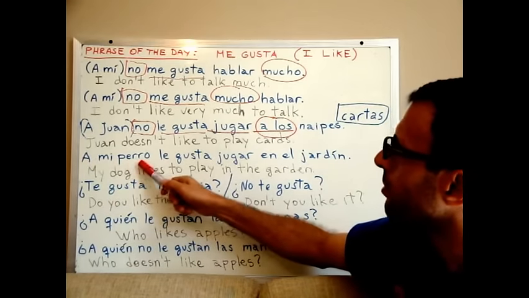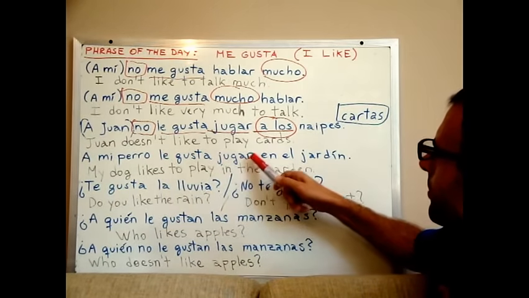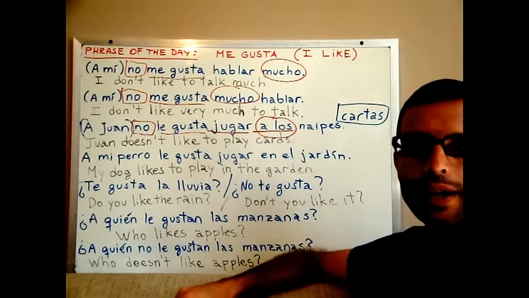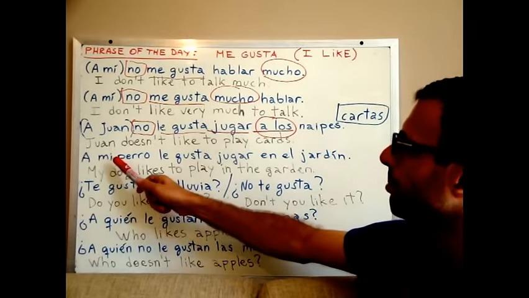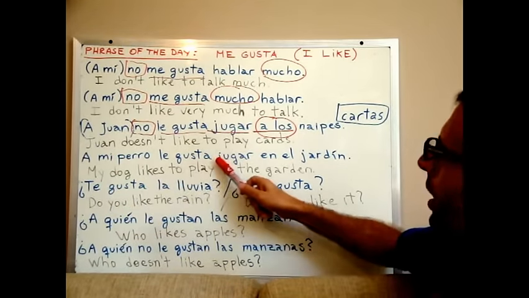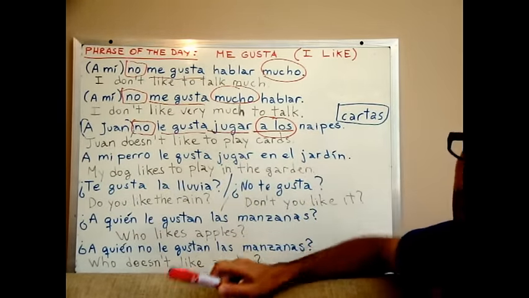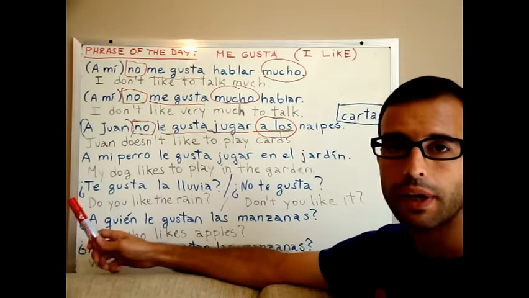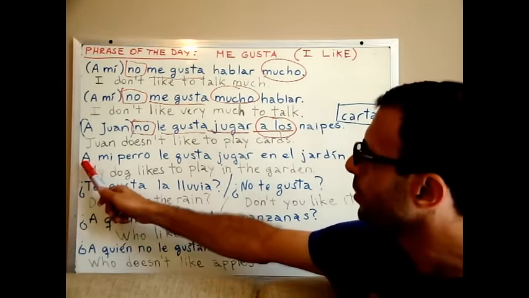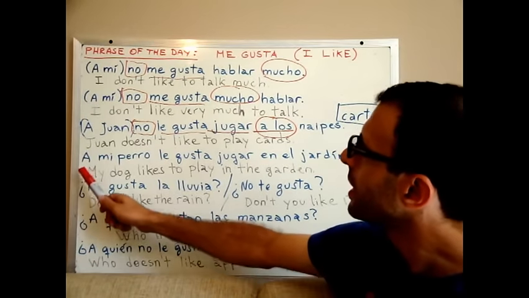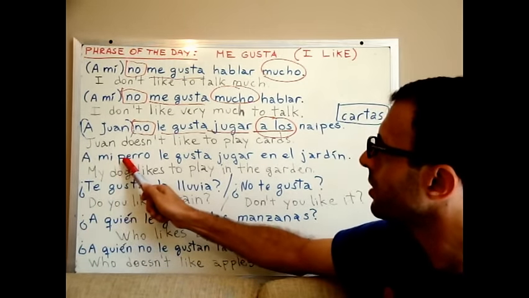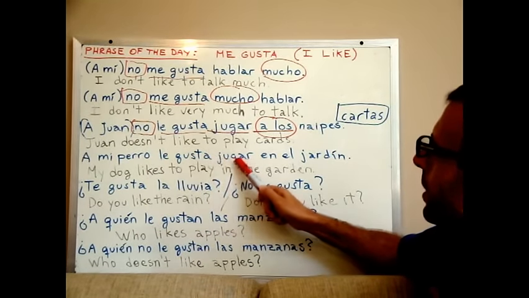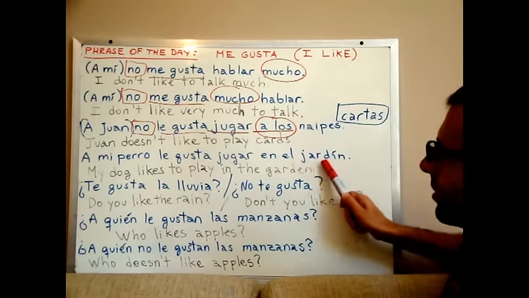A mi perro le gusta jugar en el jardín. Remember, perro is dog, jugar is to play, jardín is garden, okay? So this means my dog likes to play in the garden. Let's see the word by word translation. To my dog himself likes to play in the garden.